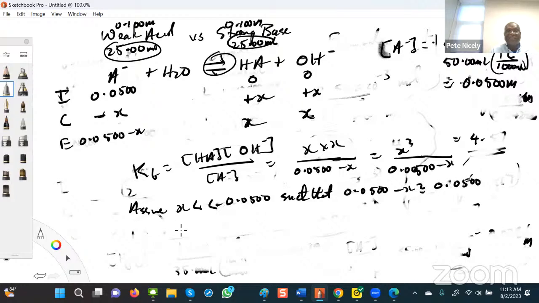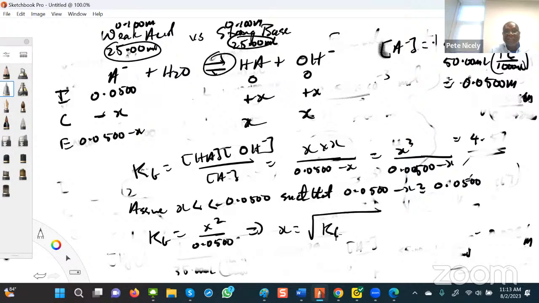So that means that this equation simplifies to Kb is equal to x squared over 0.0500. And therefore we can find x, which is equal to the square root of Kb times 0.0500.